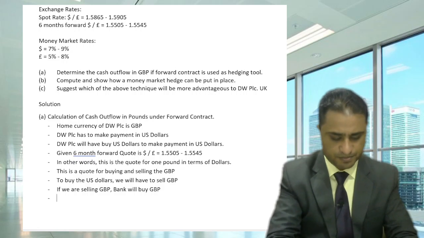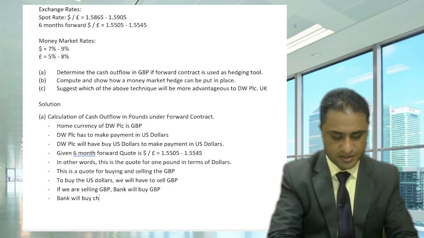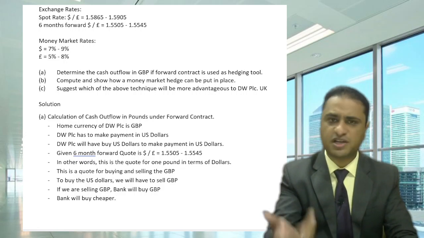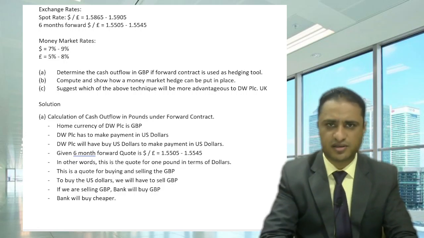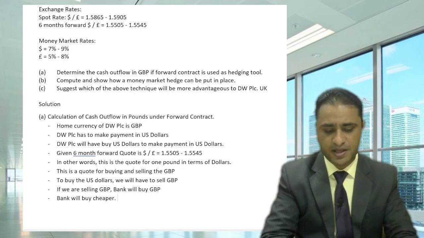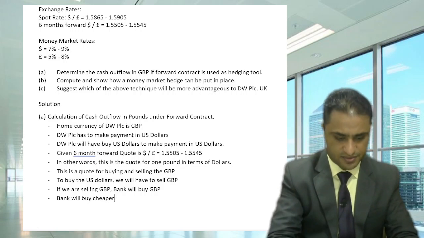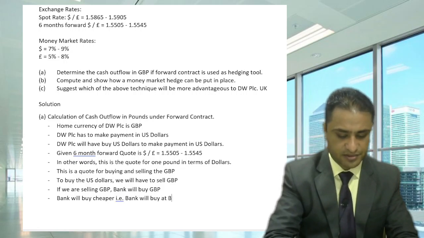We all know the bank will buy cheaper. The bank will always buy cheaper and sell on the higher side. That is, the bank will buy at bid.